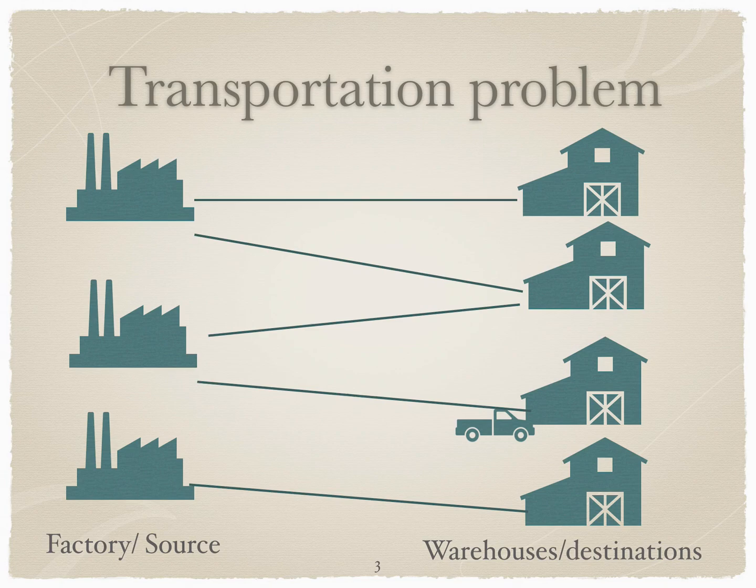As we can see here, one factory can supply material to more than one warehouse. Similarly, one warehouse can get material from more than one factory. Overall, the demand and supply should be matched.